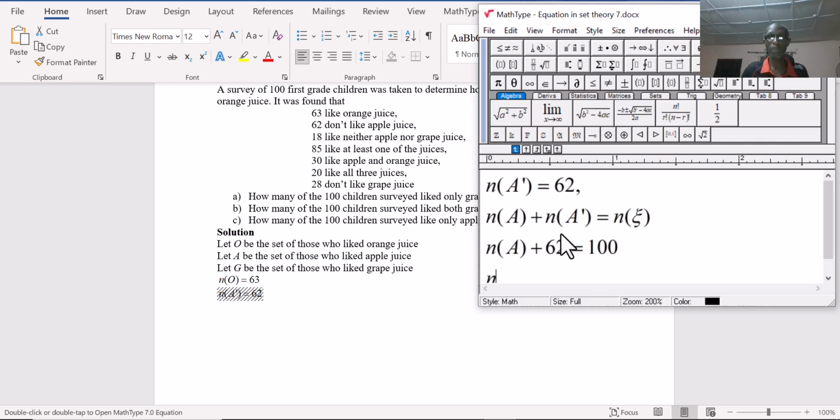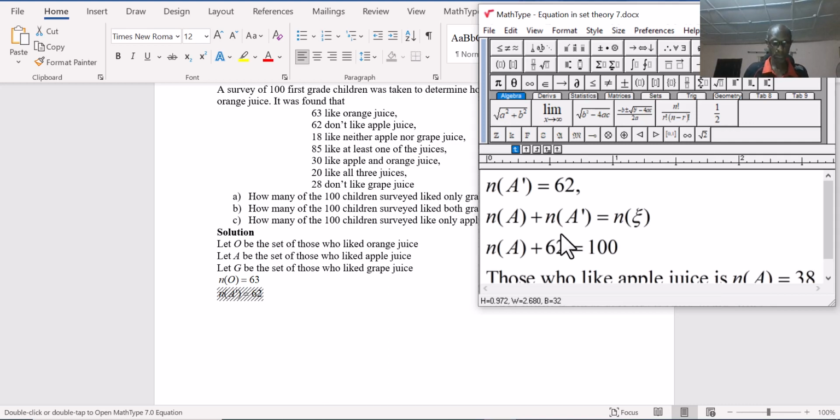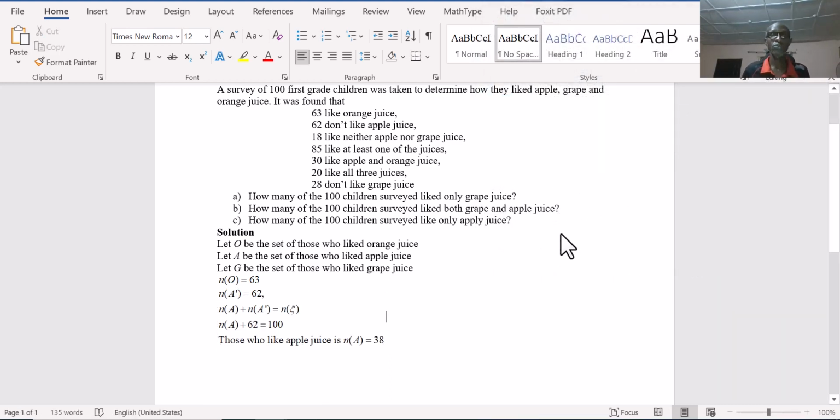So those who like apple juice is 100 minus 62, which is 38. And that solves that. Those who like apple juice, n(A), is 38. So we have been able to solve that.